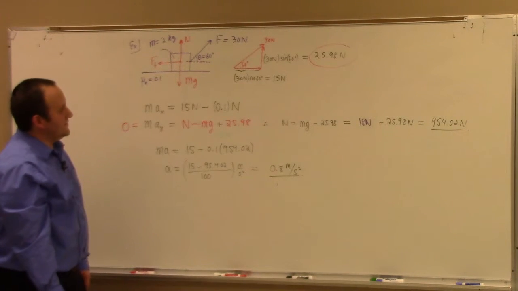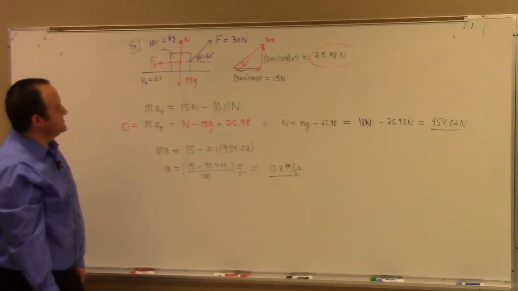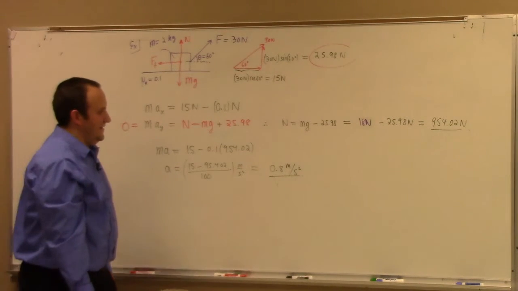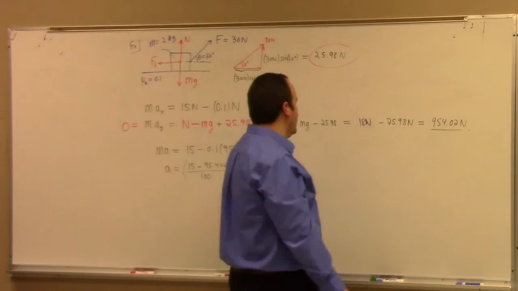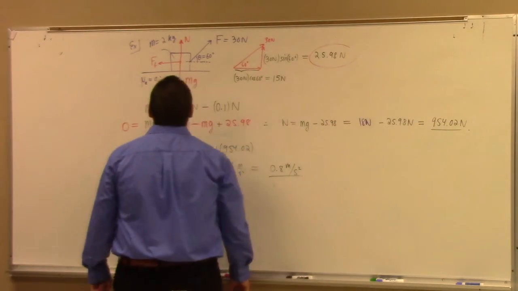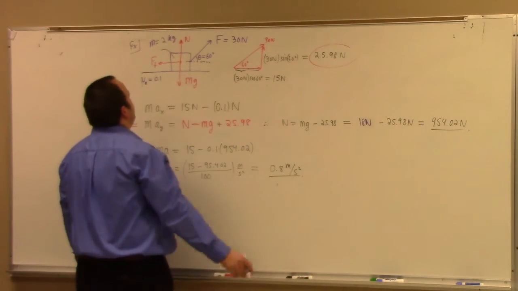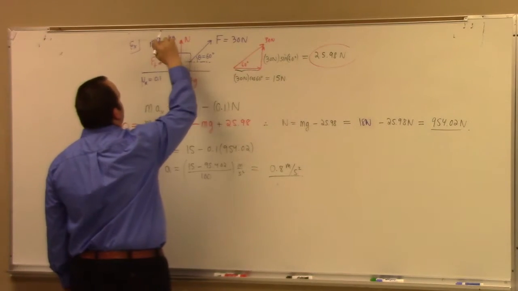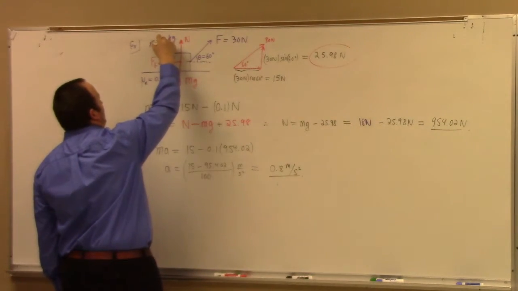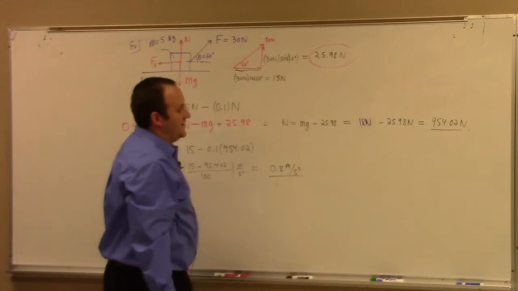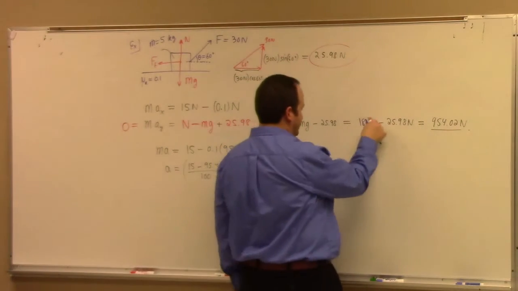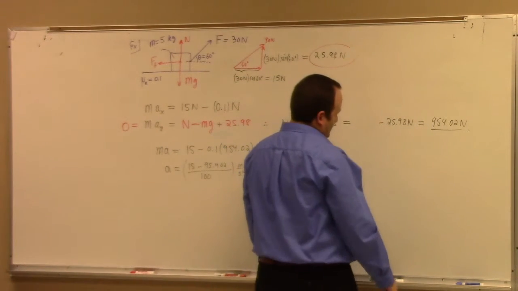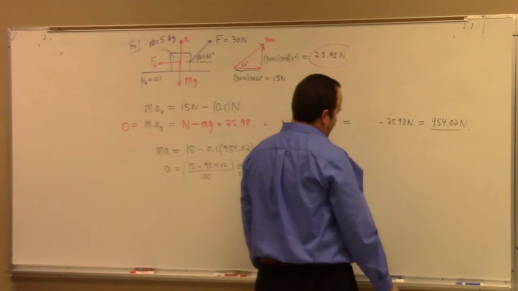I'm facing the Goldilocks problem. This one's too big, that one's too small. Anyway. Fine, stupid Goldilocks. Hate you. 5 maybe? How's 5 sound? 5 times 9.8 is what? 49 something.